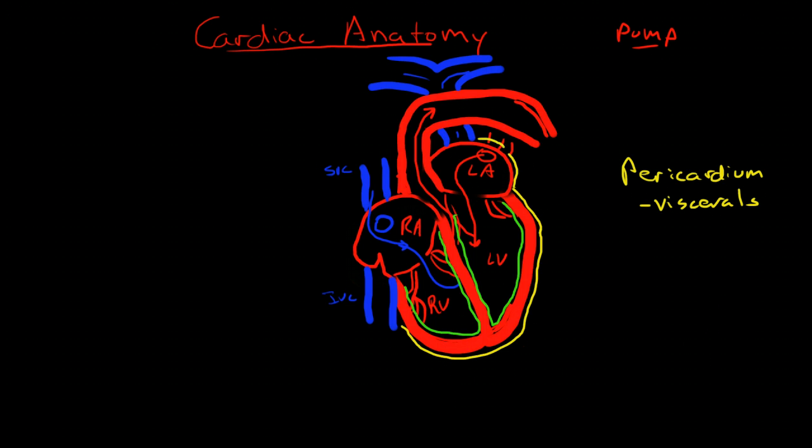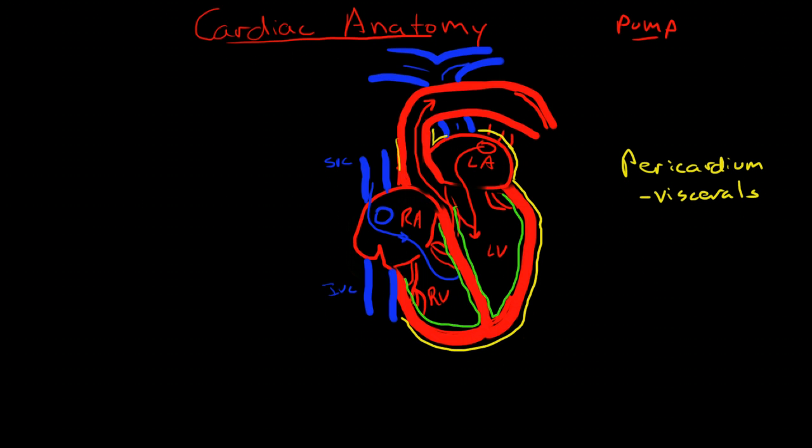So it is close to the myocardium, and then there is a thin potential space in between, and then on the outside there is the parietal pericardium. Now I'll get to that potential space in a minute. So the parietal pericardium, I'll just pick a slightly different color here, we'll use orange, is on this outside layer.